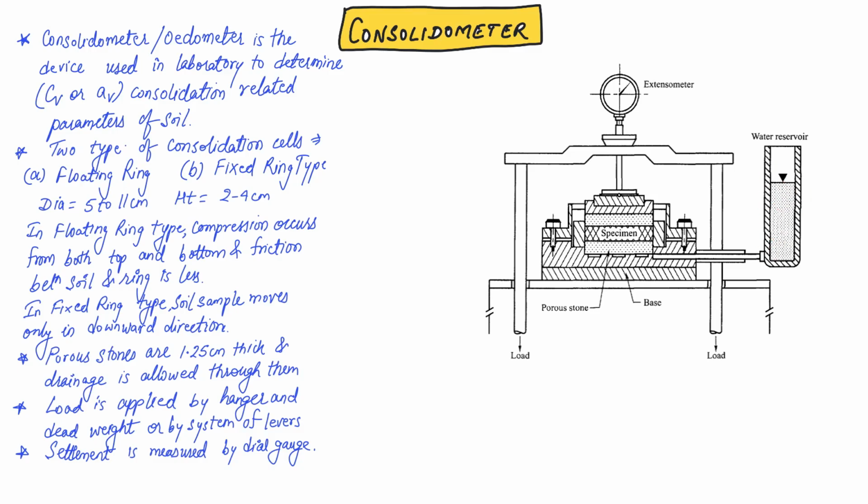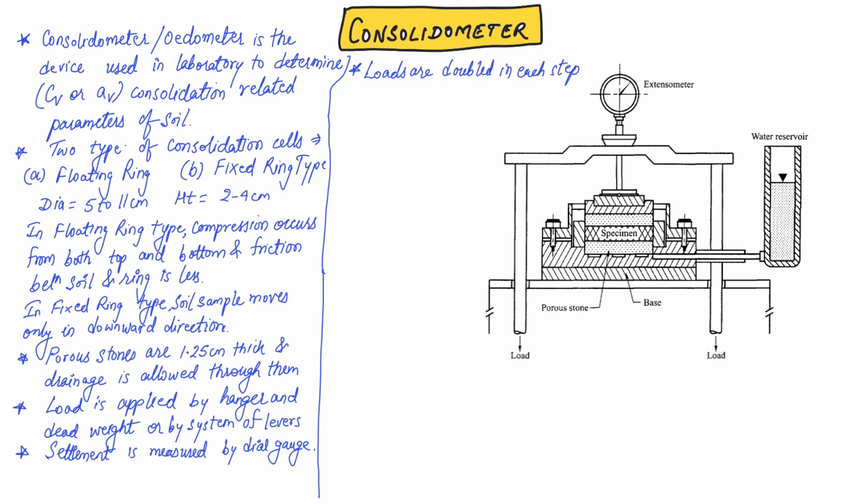The main purpose of the consolidation test on soil sample is to obtain the necessary information about the compressibility properties of a saturated soil for use in determining the magnitude and rate of settlement of structures at field. Loads are applied in steps, in installments, in such a way that the successive load intensity is twice the preceding one.